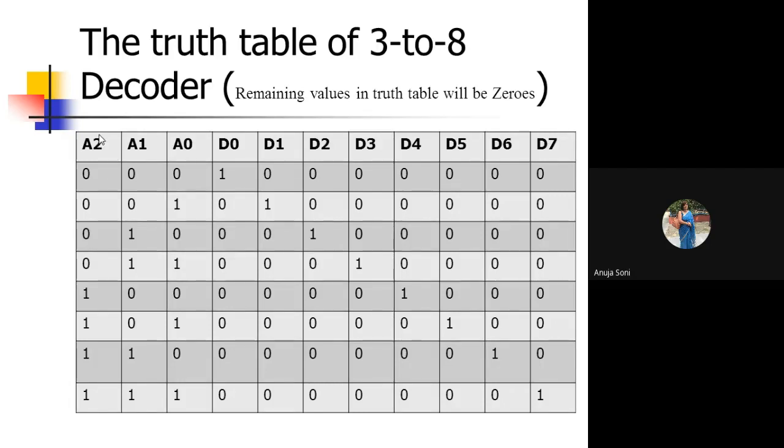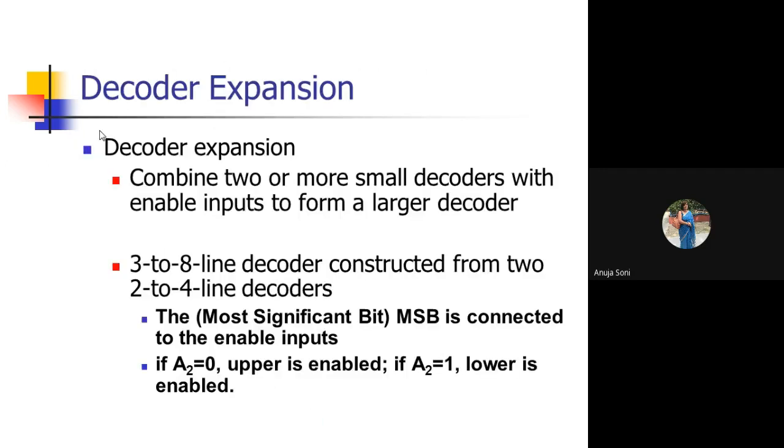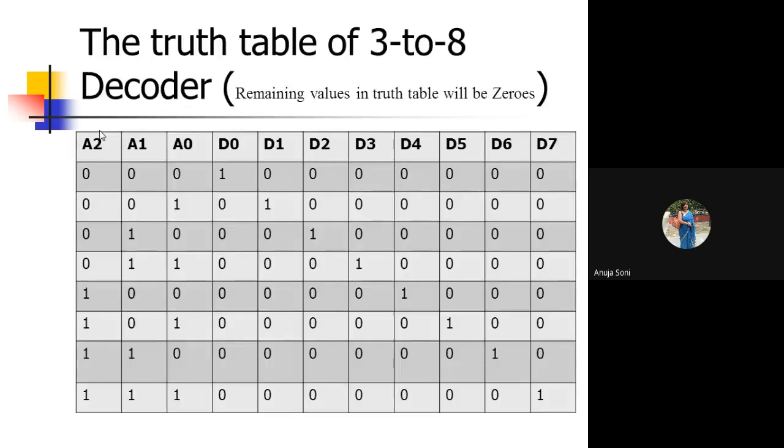So the 2:4 size decoders are connected to work just like a 3 to 8 decoder. Somehow we have to achieve its functionality. How has that functionality been achieved? This most significant bit, termed A2, can be either 0 or 1; there are 2 possibilities.